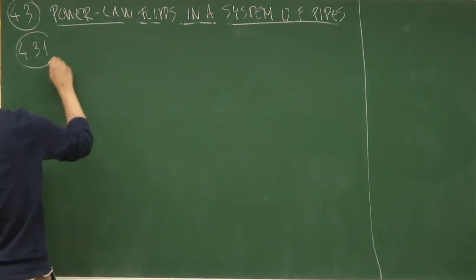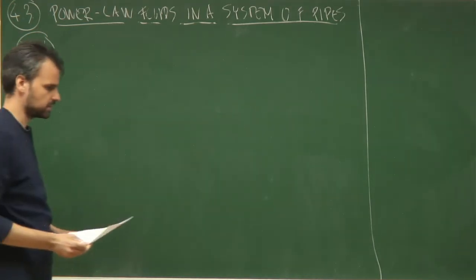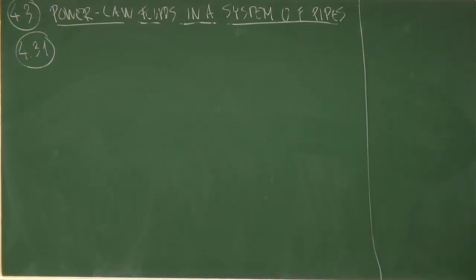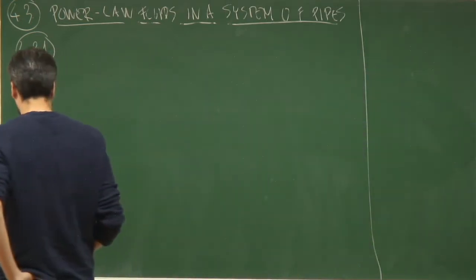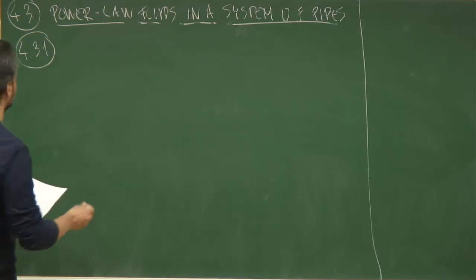I will be talking about a more or less simple model regarding power law fluids and consider the flow for a system of pipes. We will not, again, do the matching procedure, which is more or less the same, but we'll focus on a couple of things regarding the flow that you need to consider when considering the pressure. So that is, in some sense, a novelty here.